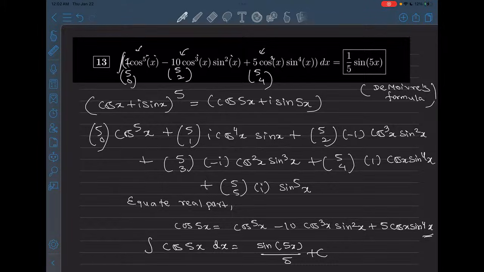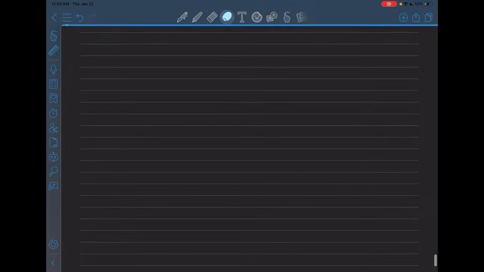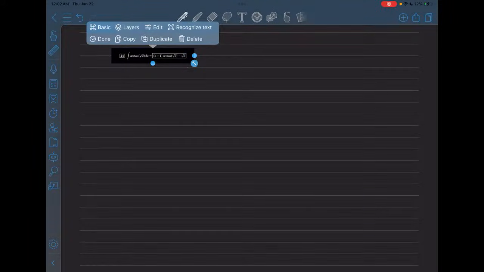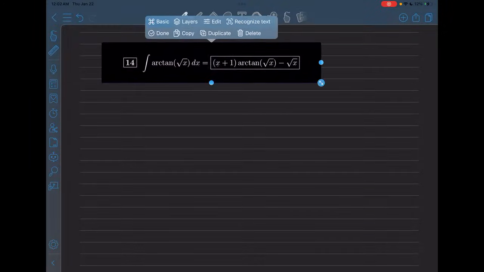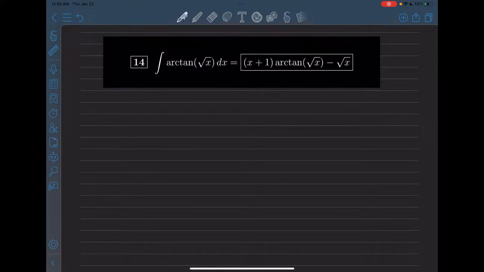U substitution. Yes, I think that's what I would go with as well. U substitution. So I think you will substitute u for root x, right? And the fact that today chat is very active and people are actively giving ideas, I really like that. So u is root x.